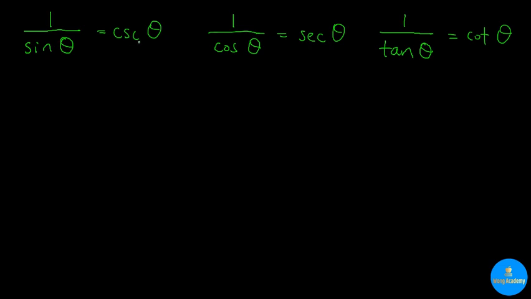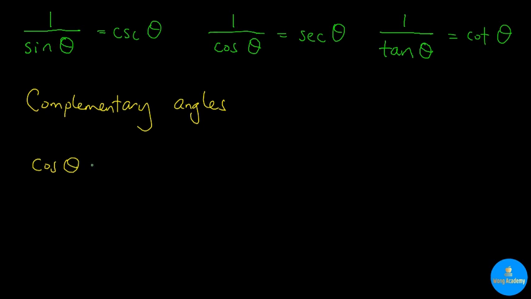By the way, what is co? Co actually stands for complementary angles. Complementary angles means that those angles add up to form 90 degrees or add up to form pi over 2. Hence, what is cosine of theta?